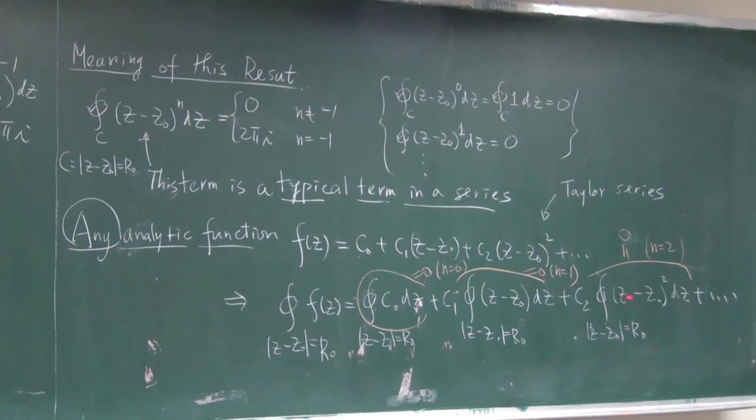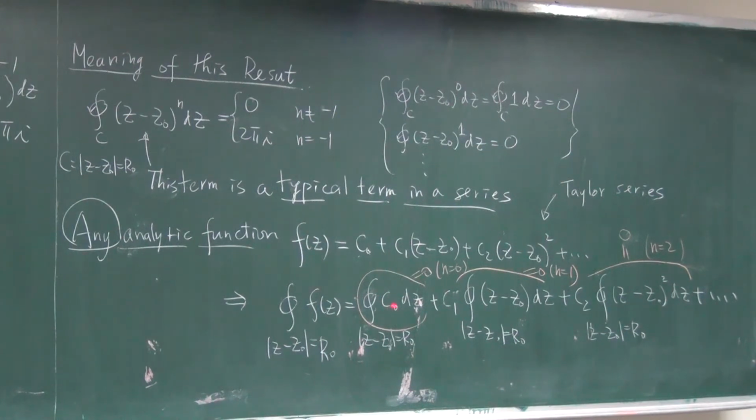See here, (z minus z0) to the power 2, the result is 0. I'm talking about the calculation in the last line of this blackboard, in the lower part. Please concentrate. The integration of (z minus z0) with power 2 equals 0. (z minus z0) with power 1 is 0.